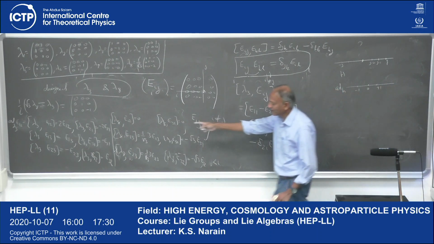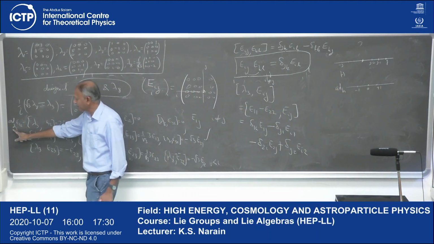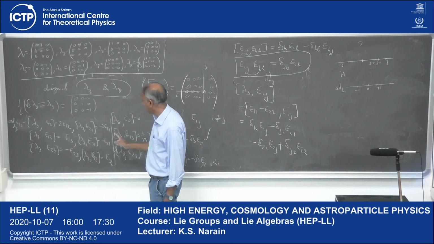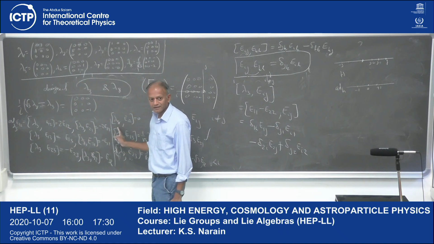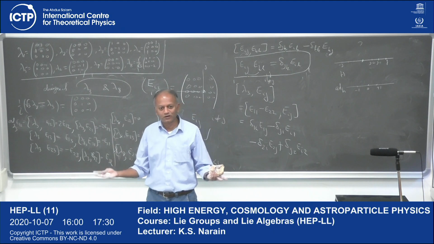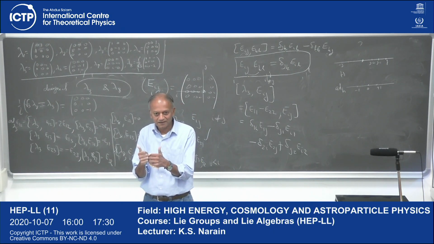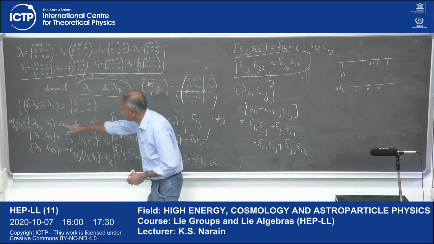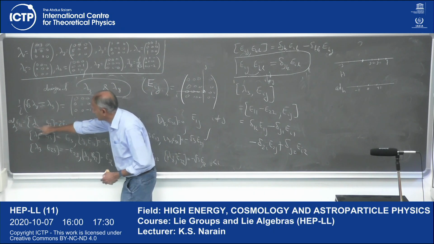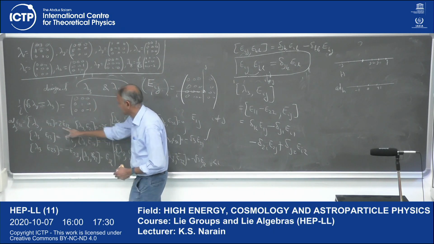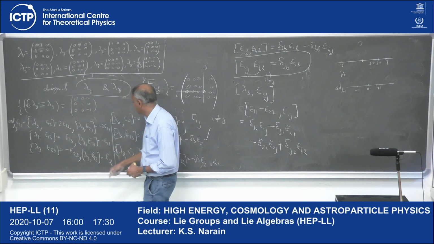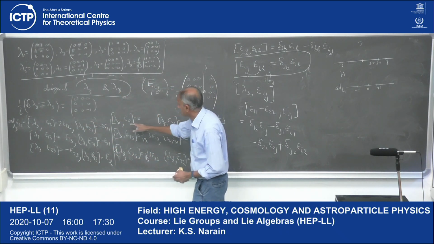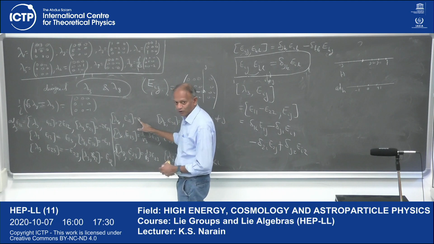But now we have two eigenvalues: eigenvalues with respect to ad lambda 3 and eigenvalues with respect to ad lambda 8. So you can plot it in two dimensions because you have two numbers. Each state, say E12, has an eigenvalue 2 with respect to lambda 3, and with respect to lambda 8, it is 0.